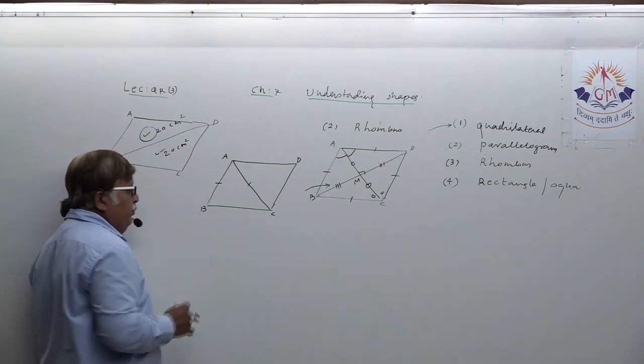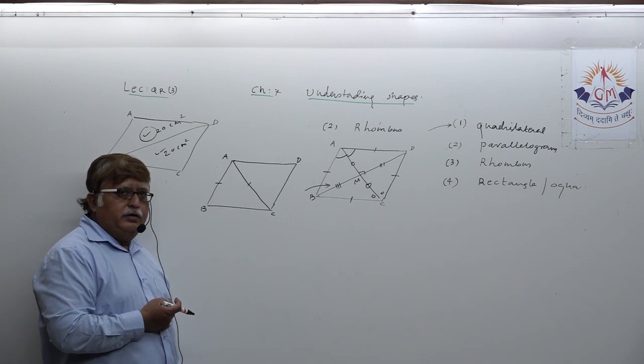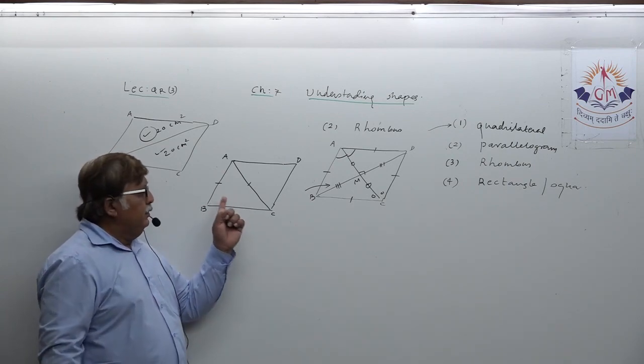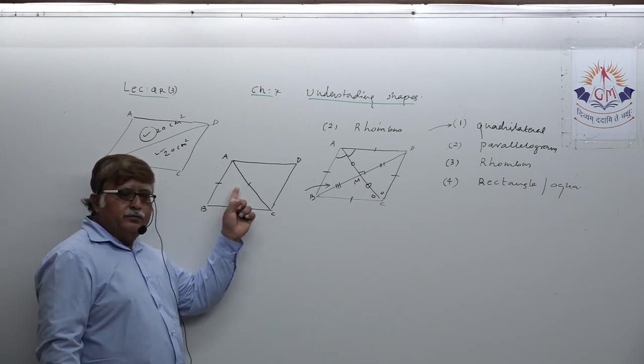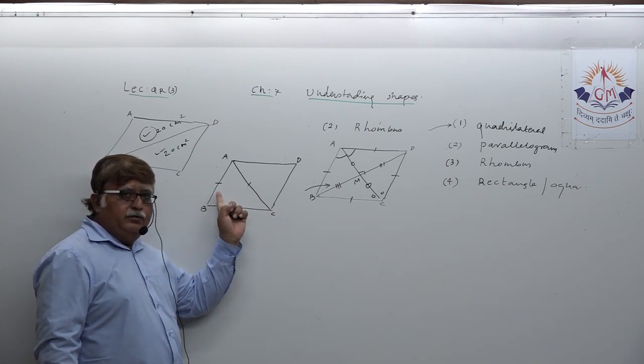What does it simply mean? We have already solved this difficult example. In a rhombus, one of the diagonals is equal to its side.